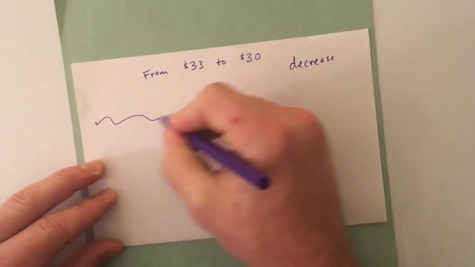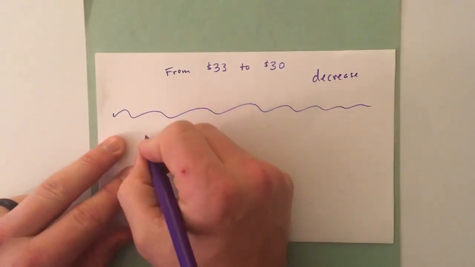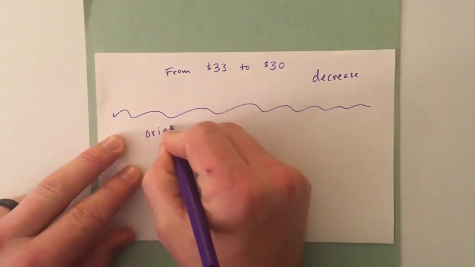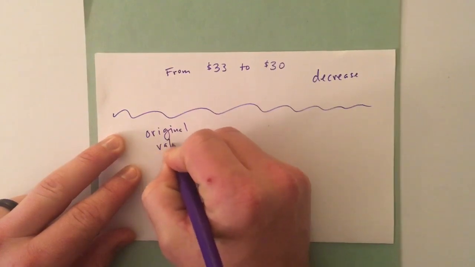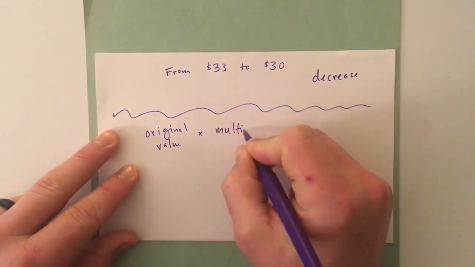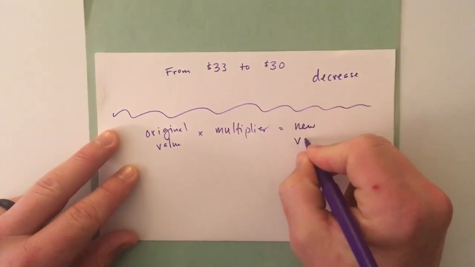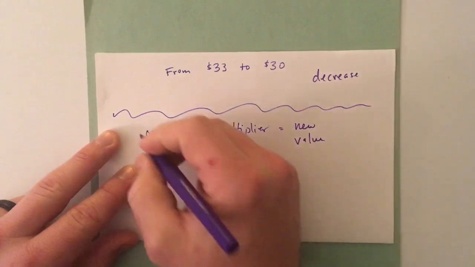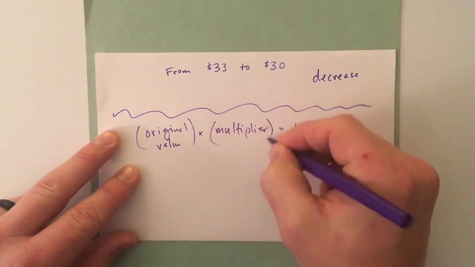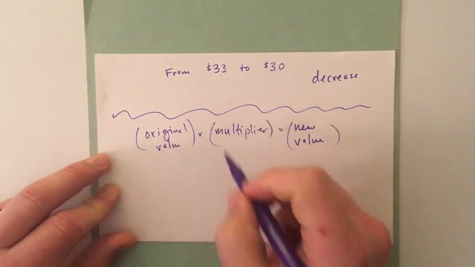But let's look at the math. Again, we're going to do original value times multiplier equals new value. All right. And we're in the same setup. I know the original value and I know the new value, but I still don't know the multiplier.